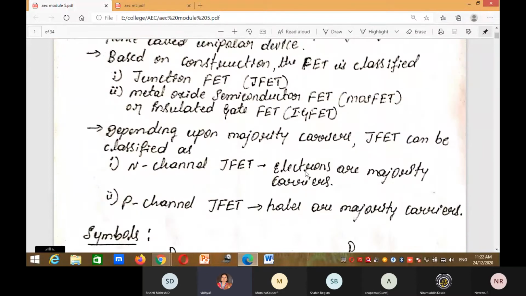Depending upon majority carriers, JFET can be classified as N channel and P channel. In N channel, electrons are majority carriers. In P channel, holes are majority carriers.